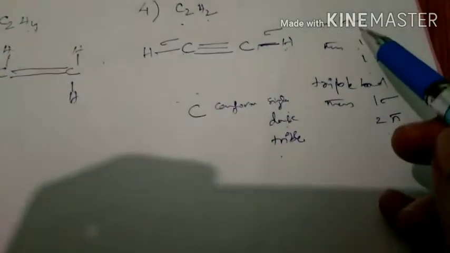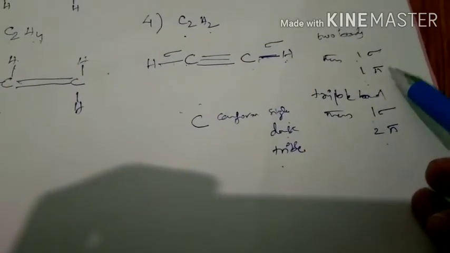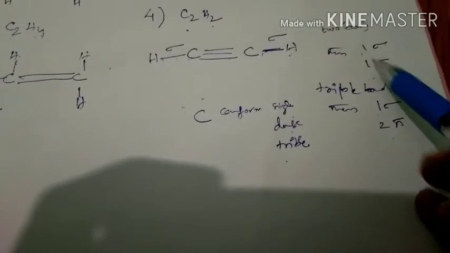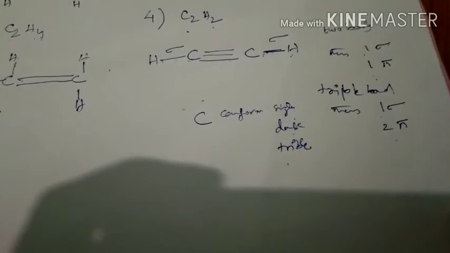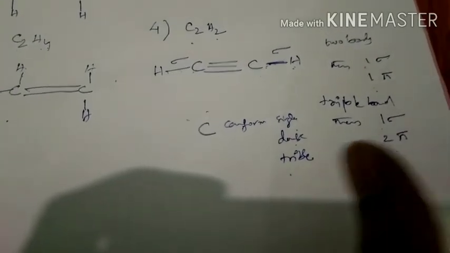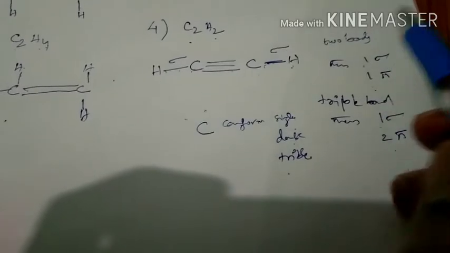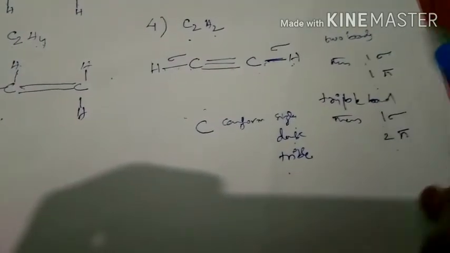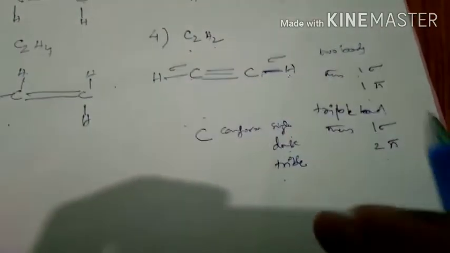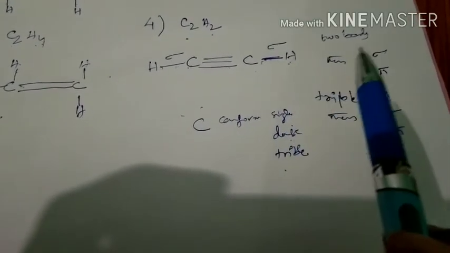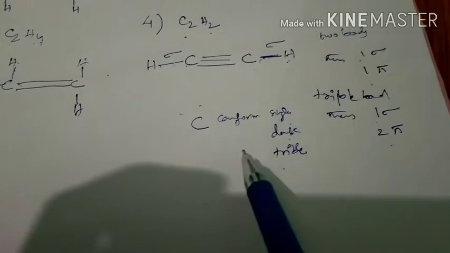Next, you may get one doubt about sigma bond and pi bond. What are sigma bond and pi bond? These points will come in 11th class chemistry. Until then, you remember what a sigma bond and a pi bond are. The topic is not in our syllabus. That is present in the class 11 chemistry chapter.